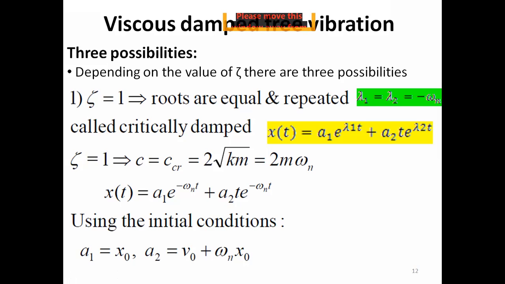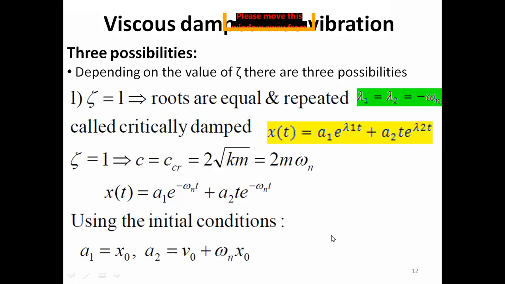And in order to find these arbitrary constants, we have to use the initial conditions. And last time we discussed the initial conditions: when time is equal to 0, what is the displacement? When time is equal to 0, what is the velocity? So x of 0 is equal to x naught, and x dot of 0 is equal to v naught.